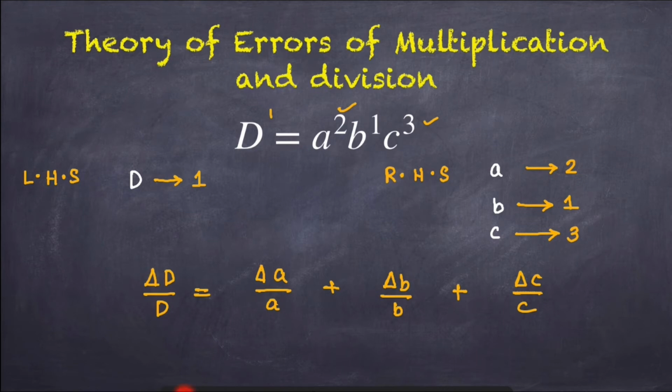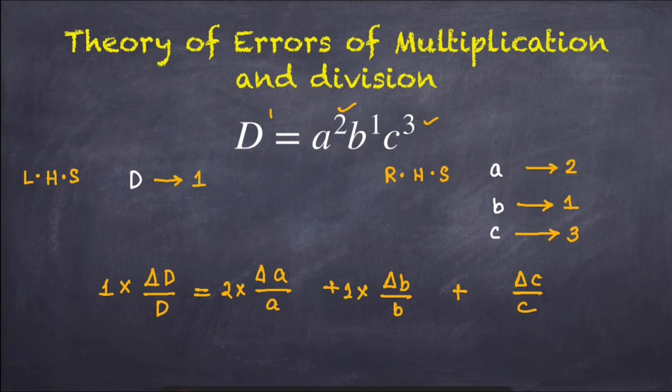Now we need to give the respective powers. The power of D will come forward, so 1 into. The power of A is 2, so it will come forward, so 2 into. The power of B is 1, so 1 into.